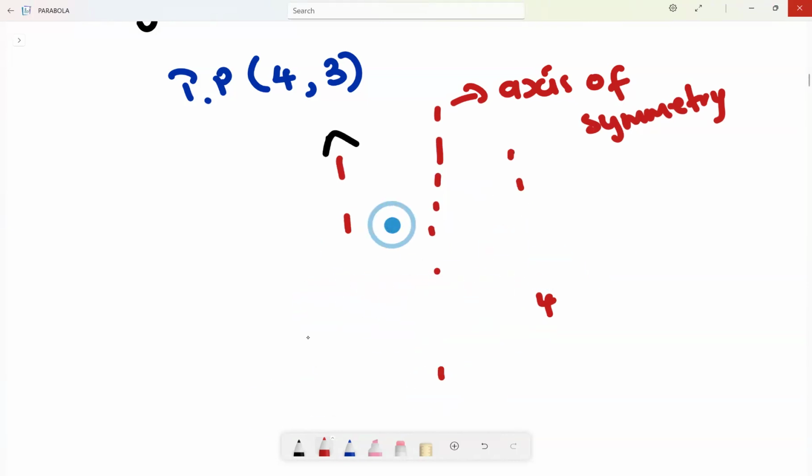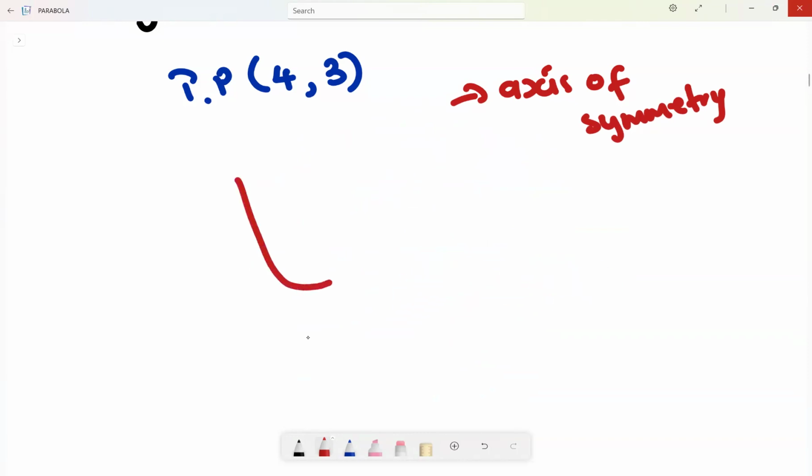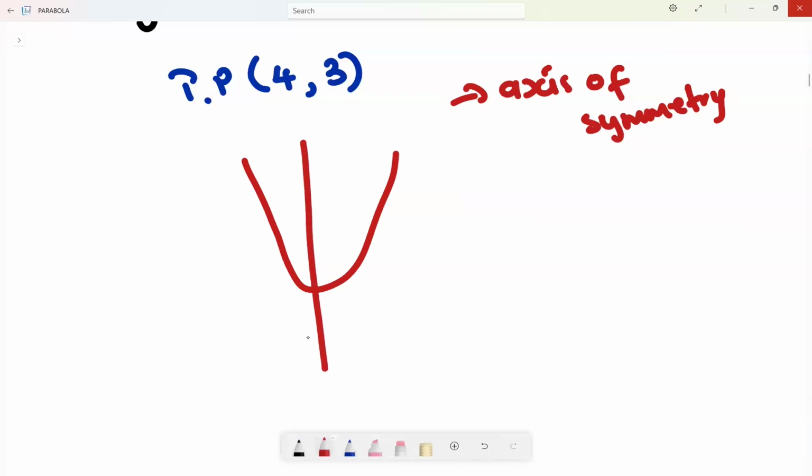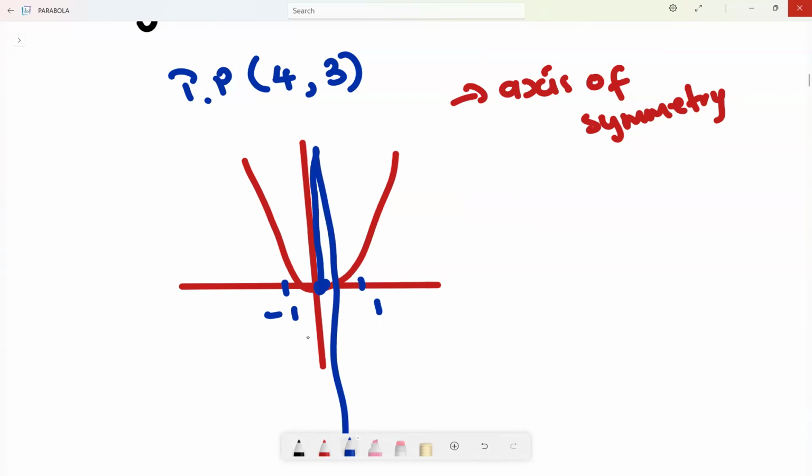Like here. And also, you know that if you are having a graph like that, and you are given that here maybe the coordinate is negative 1 and here it is 1. How do you find the axis of symmetry? Remember, the axis of symmetry is exactly in the middle of the two x coordinates, the negative x1 and positive x1. So the axis of symmetry here is the same as the turning point.